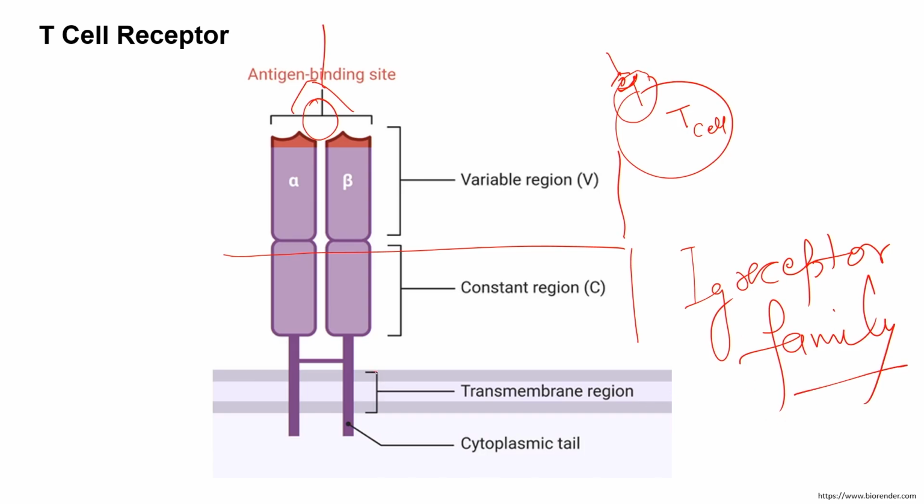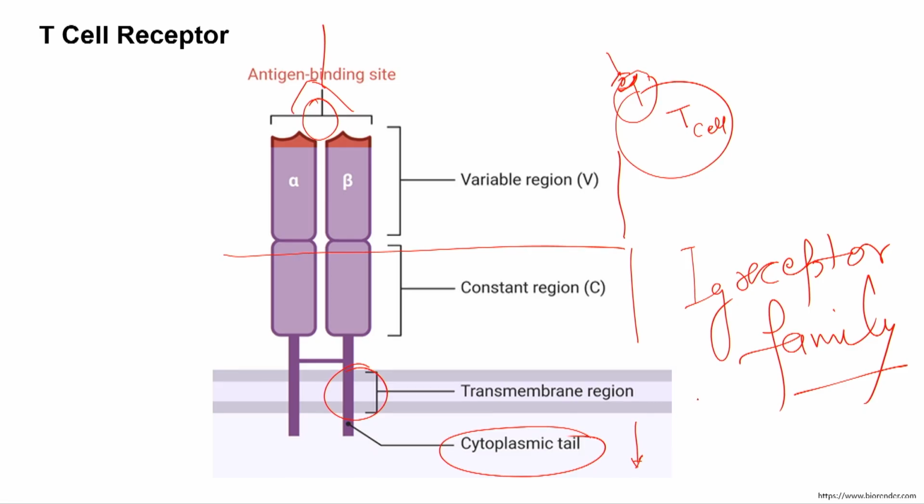Again, there is a transmembrane region and then a downstream cytoplasmic tail which could lead to a signaling cascade to activate the T cell once there is binding, otherwise there is no activation. So, this is the T cell receptor which we need to understand in order to figure out how this T cell specific biology takes place post binding to the antigen.